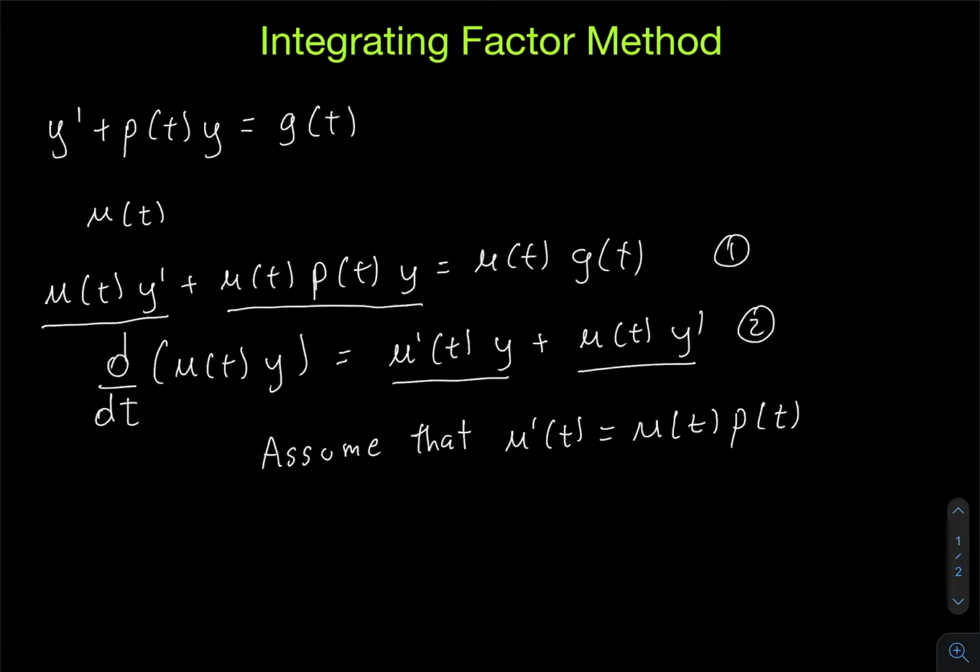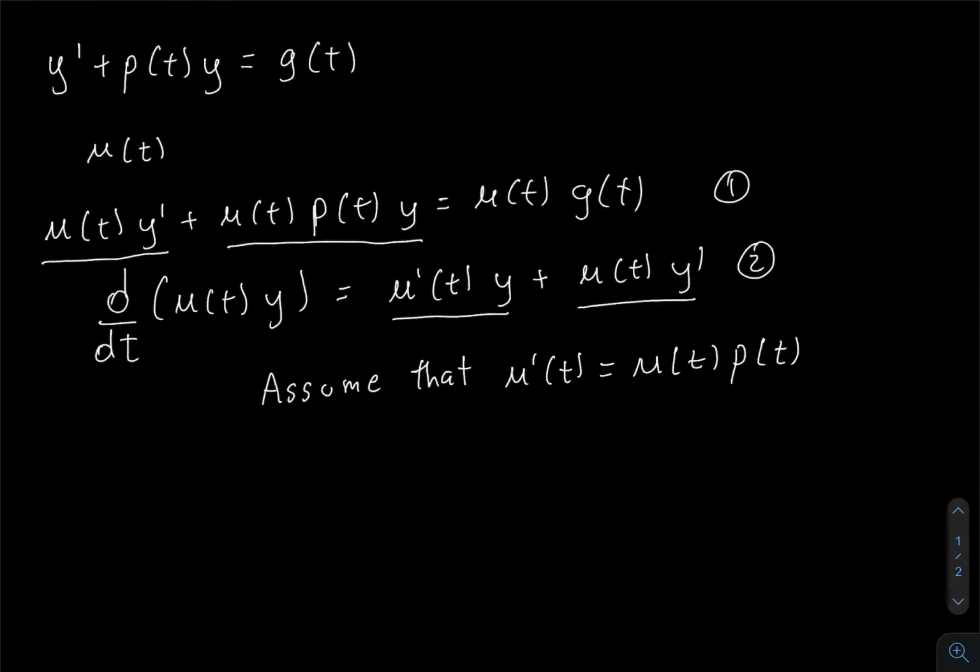If we assume that, then the right-hand side of equation 2 will be the same as the left-hand side of equation 1. So using that fact, we can say that the left-hand side of equation 2 will be equal to the right-hand side of equation 1.